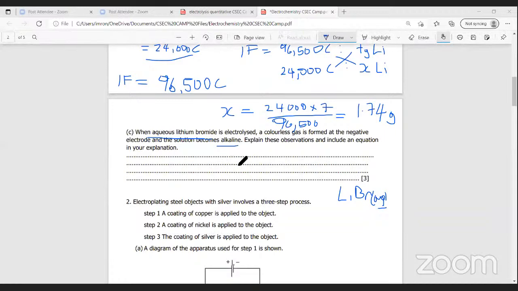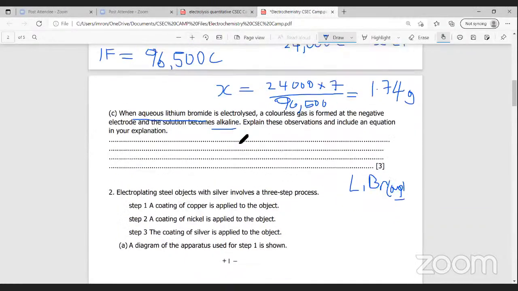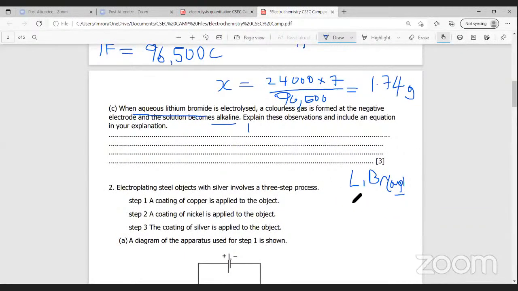So this is a situation where we actually have lithium ions, bromide ions, but we also have water, which means that we have hydrogen ions and hydroxide ions.